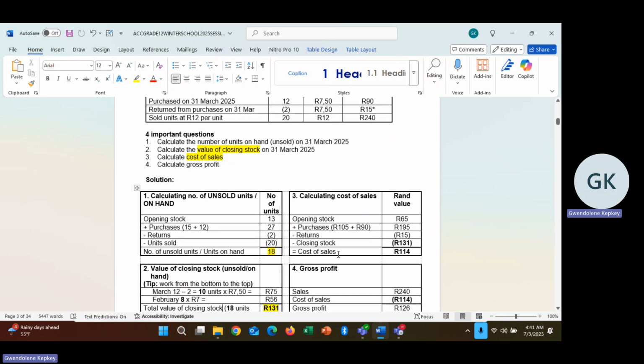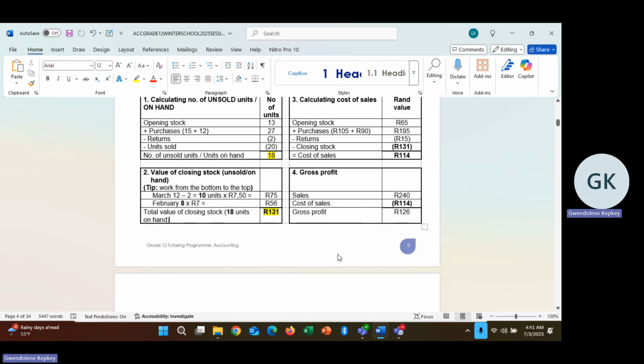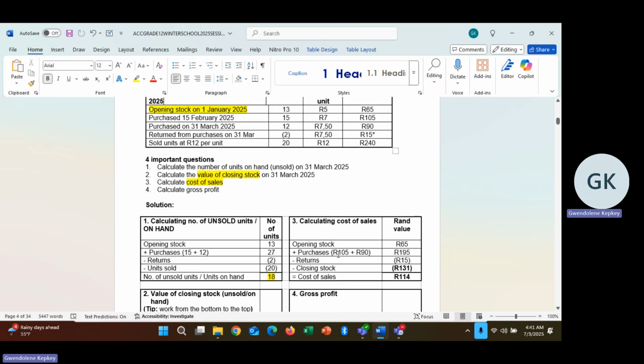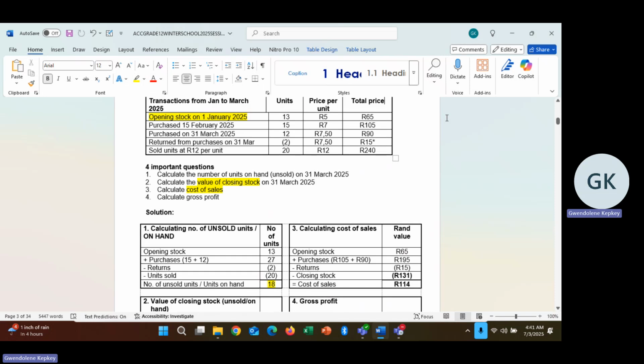So let's go and extract our figures. Where do I get the 65 rand from? My opening stock. If I can move up just a bit higher, that is its rand value. That surely makes sense, the 65. Then I have purchased for the 2 months, in total the 105 plus the 90 rand.